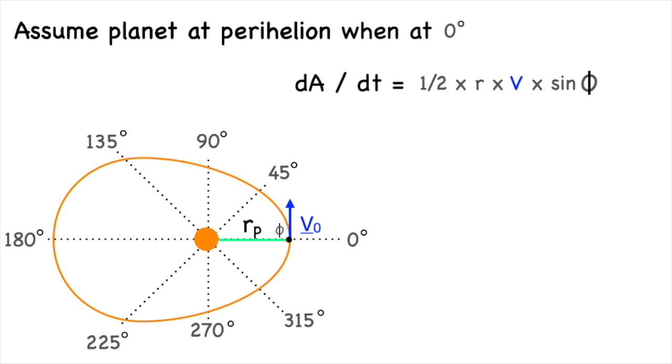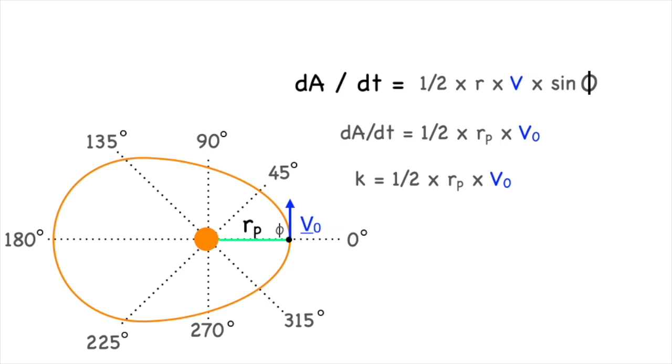The sine of 90 degrees is 1. So, dA/dt equals 1/2 times Rp times v0. So, if we know the value of Rp and v0, we know the value of the constant k at any point along the planet's orbit.